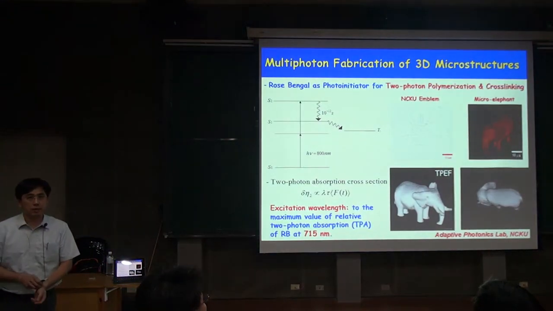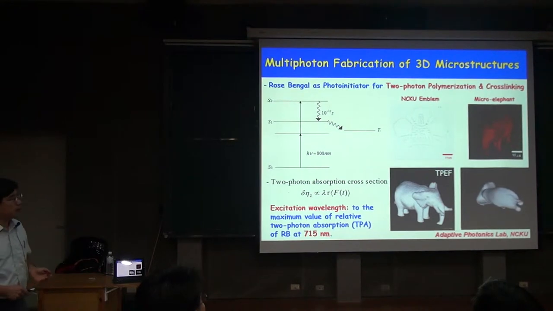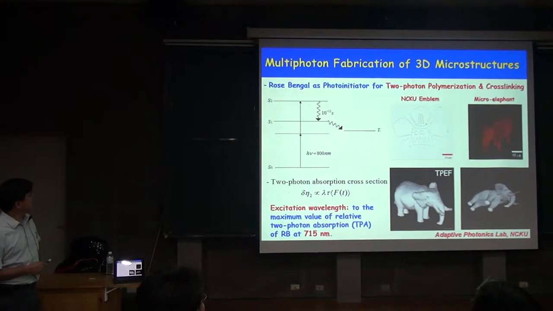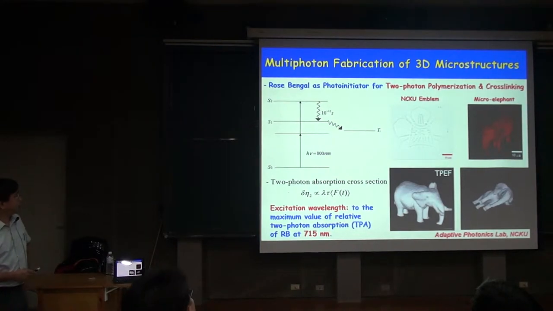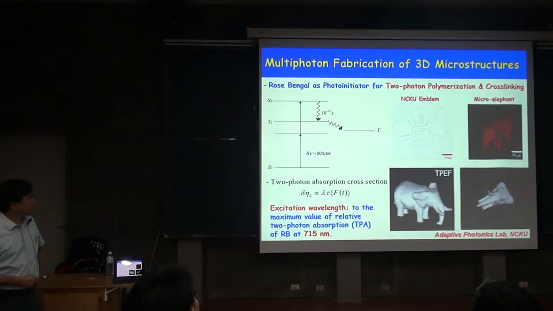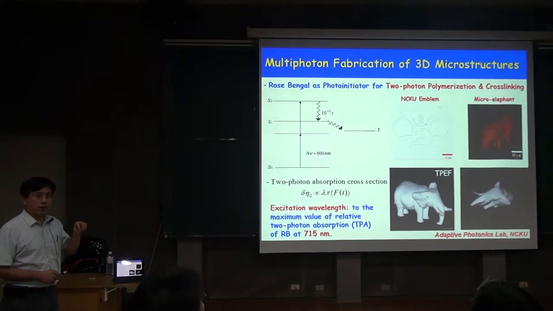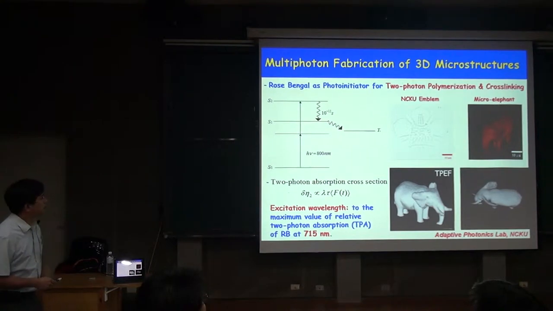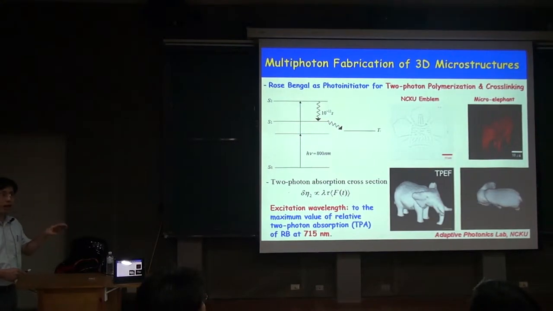Not just for the nonlinear optical microscopy for the molecular image, you can also use the femtosecond laser to do the 3D lithography. Like here we use the photoinitiator. When you confine your laser spot in 3D, then you control the laser on and off.